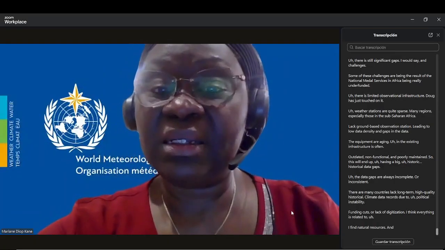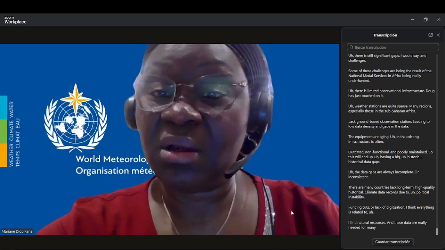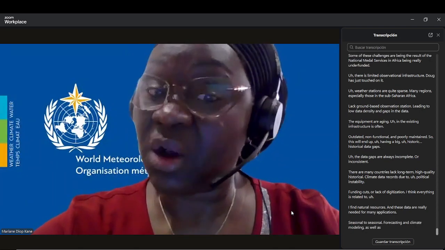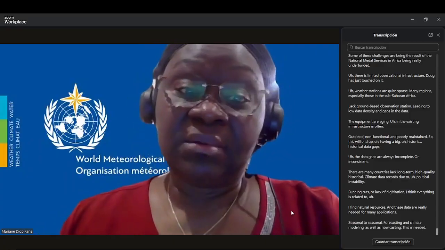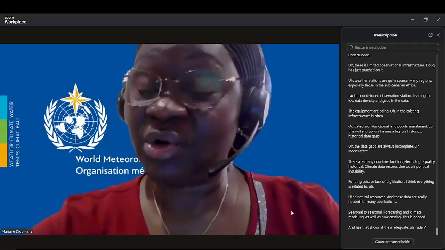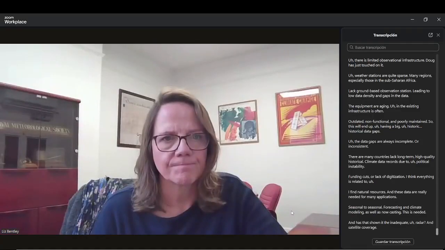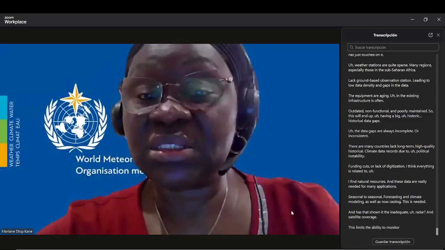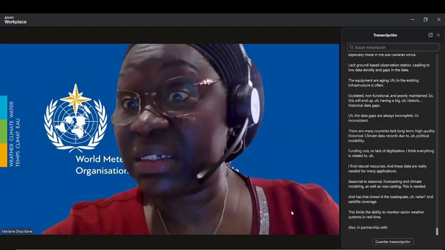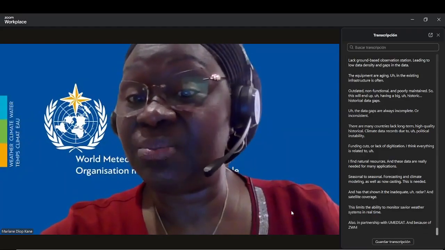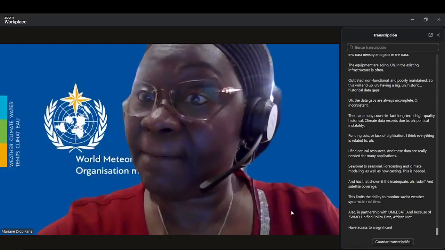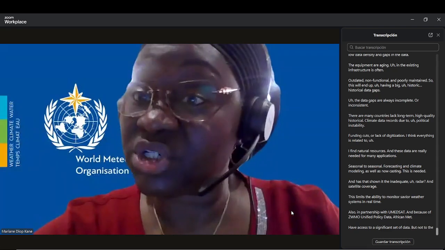And these data are really needed for many applications: seasonal to sub-seasonal forecasting, climate modeling, as well as nowcasting. Doug has touched on the inadequate radar and satellite coverage. This limits the ability to monitor severe weather systems in real time. Also, in partnership with EUMETSAT, and because of the WMO Unified Data Policy, African Met services have access to a significant set of data, but not to the highest resolution.